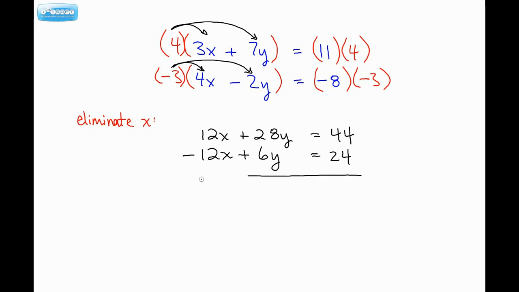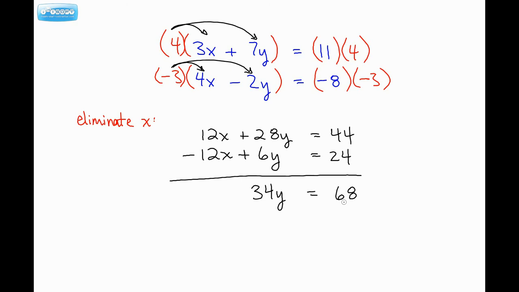So let's add them going down. 12x plus negative 12x, that's just 0. I'm not even going to write anything. Positive 28y plus 6y is going to give me positive 34y equals, and 44 plus 24 is 68.